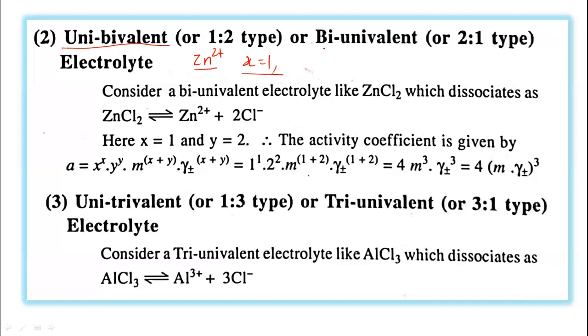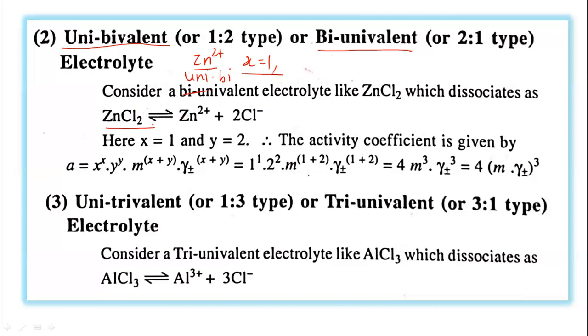The same type of electrolyte is also called biunivalent. So let us consider first the unibivalent electrolyte. The example is ZnCl2. It is a unibivalent type of electrolyte, or 1s2 type.